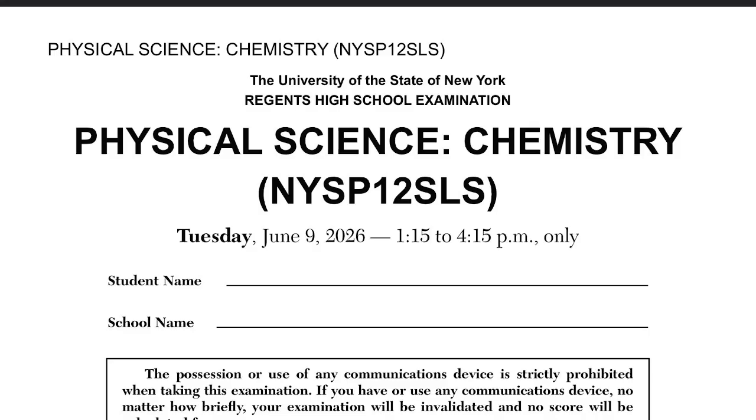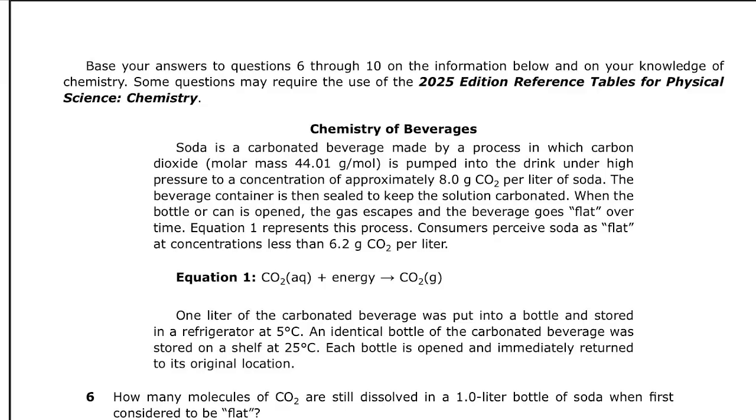Let's get started. As for all of the clusters, we're going to start by fully reading the passage, keeping in mind we'll probably have to go back to it. So for chemistry of beverages, soda is a carbonated beverage made by a process in which carbon dioxide, with a molar mass of 44.01 grams per mole, is pumped into the drink under high pressure to a concentration of approximately 8.0 grams of CO2 per liter of soda.